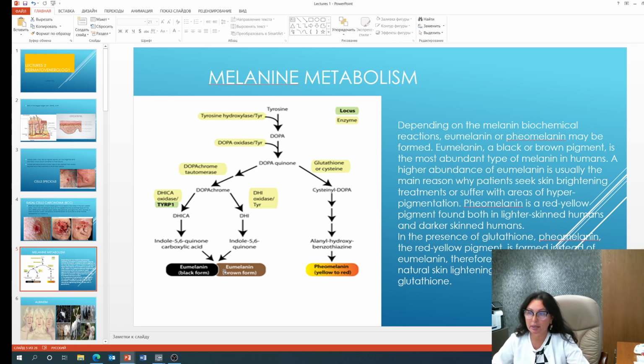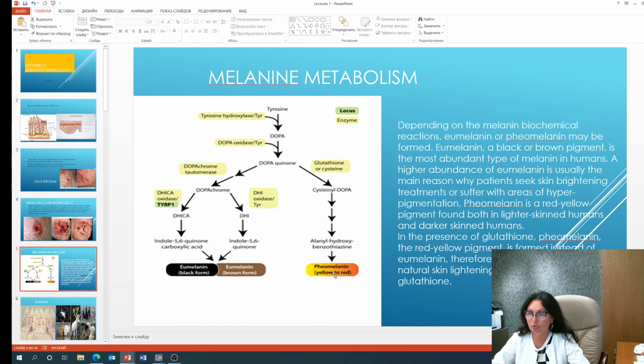A higher abundance of eumelanin is usually the main reason why patients seek skin brightening treatment or suffer with areas of hyperpigmentation.